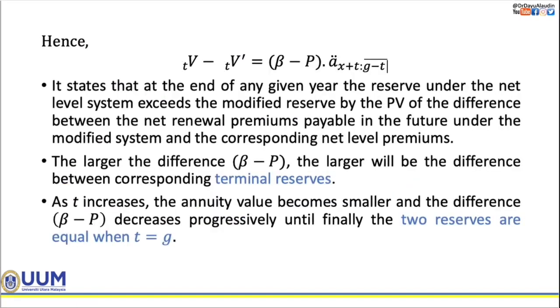And we simplify and we get this one. So this is the net level reserve and V with the prime is the modified reserve.